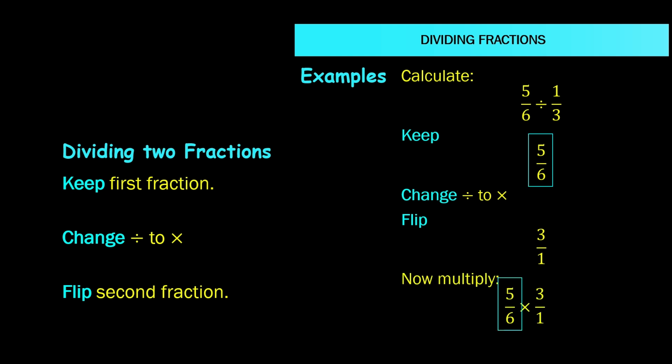So 5 over 6 multiplied by 3 over 1 to give us 5 times 3 divided by 6 times 1, giving us 15 over 6. And the common factor of 15 and 6 is 3, so dividing numerator and denominator by 3 gives us 5 over 2. So our final answer is 5 over 2, which is 2.5.